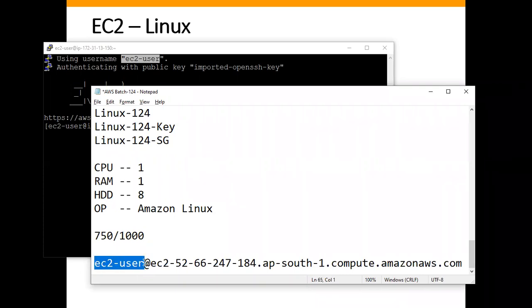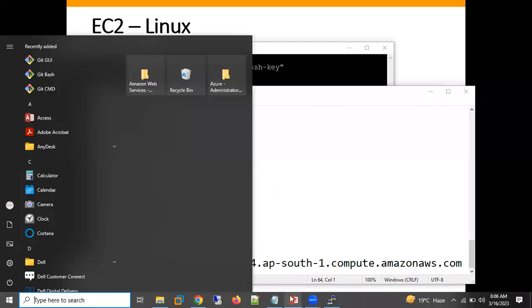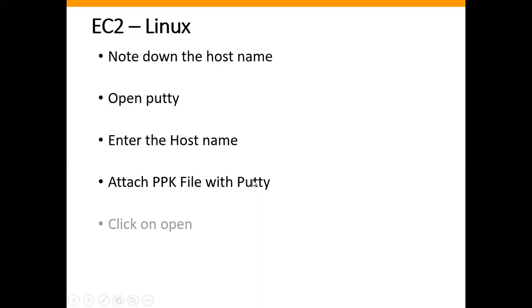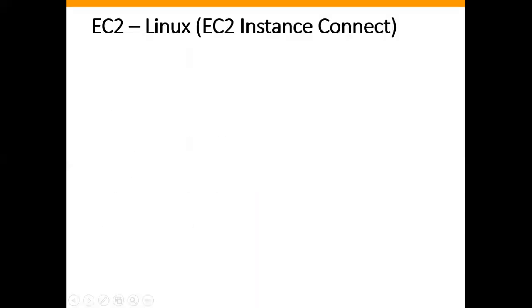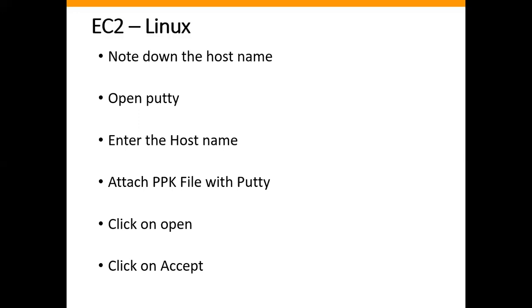That is why I don't need to enter my username. Automatically, the system has picked my username. This is how we can create our Linux EC2 machine, and we can connect to our Linux EC2 machine.